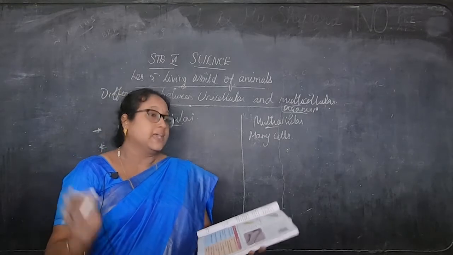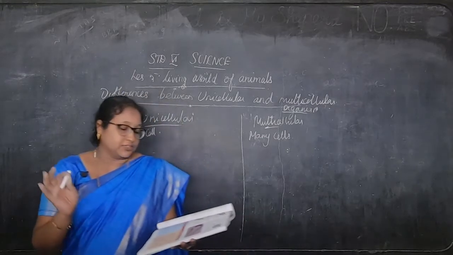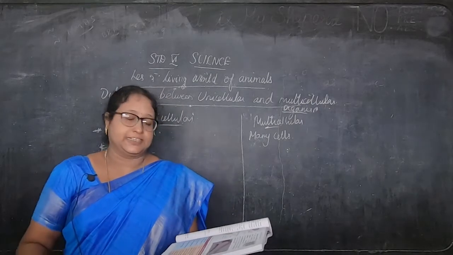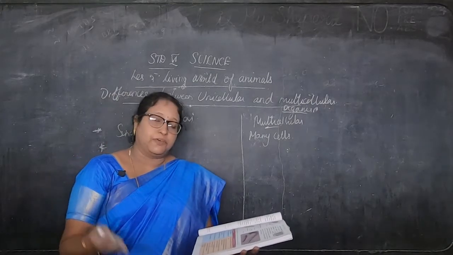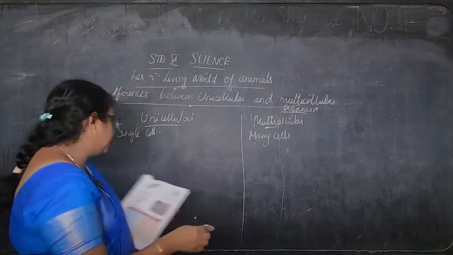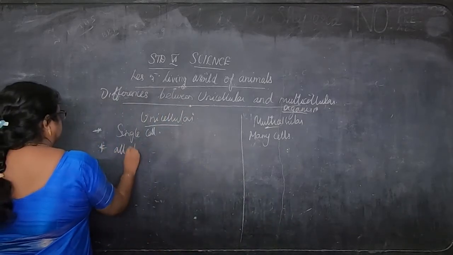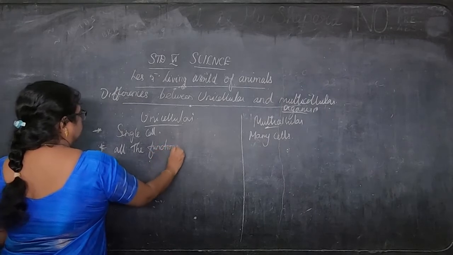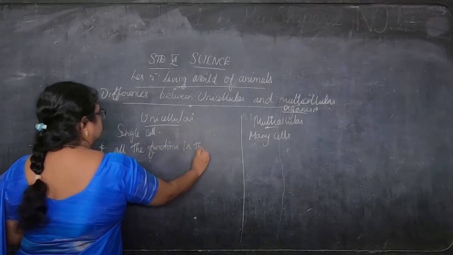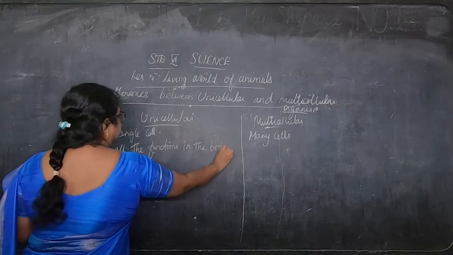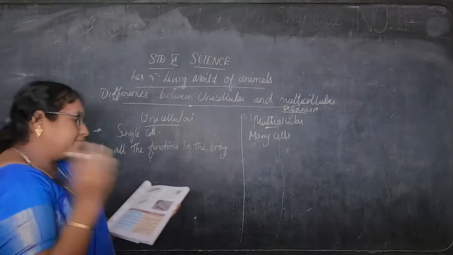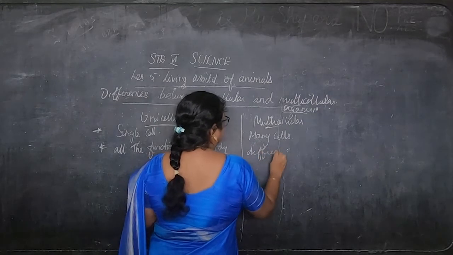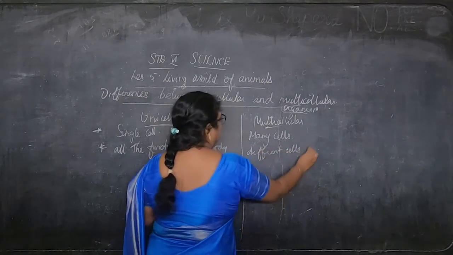Now the second point is, they can perform all the functions of life. But in the multicellular, division of labor exists, that is, different cells perform different functions. Here they can perform all the functions in the body, whereas in the multicellular, different cells perform different functions.